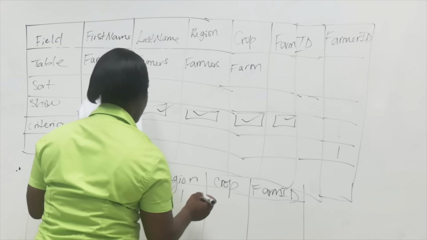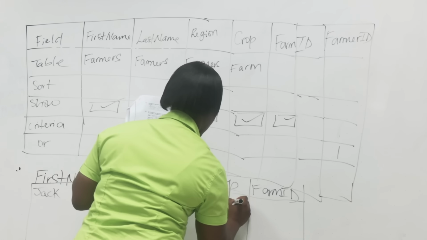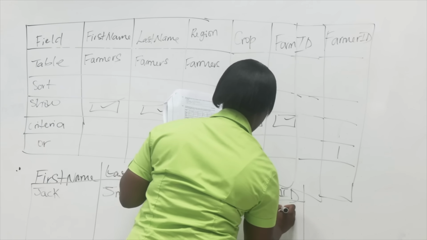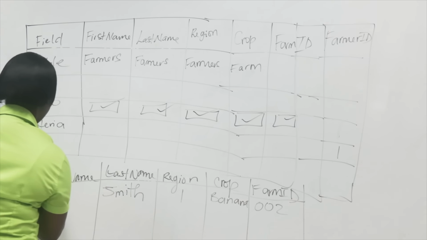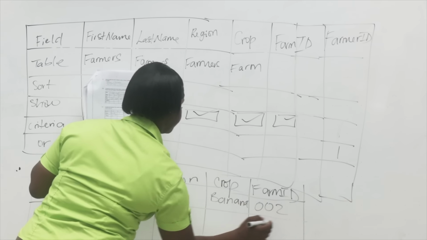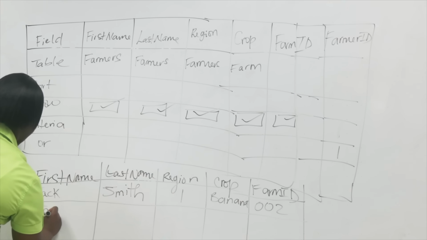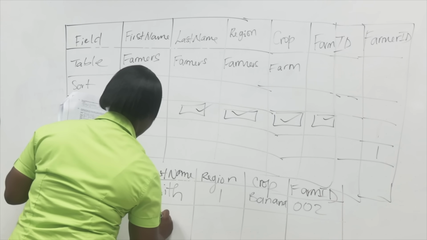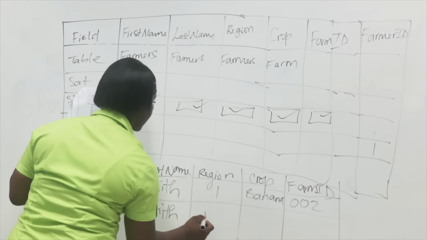Region 1, the crop is banana for the first record, and the farm ID is 002. Again, there is also a second record, Jack Smith again, because he's the only one with farmer ID 1, same region, which is region 1.